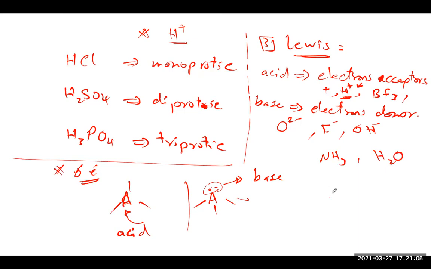We know that NH3 has a lone pair, so it can share the lone pair, so it is a base according to Lewis. H2O has 2 lone pairs, so it is a base according to Lewis. For an acid, we may have BF3, with B and 3 F. It has only 3 bonds and 6 electrons, so it can gain more, so it will be an acid according to Lewis.